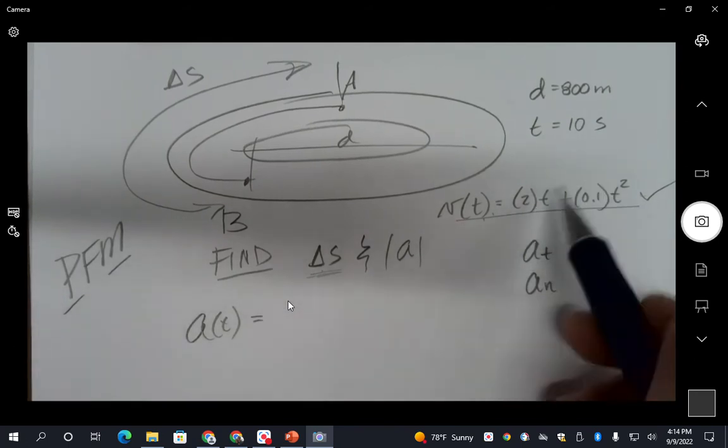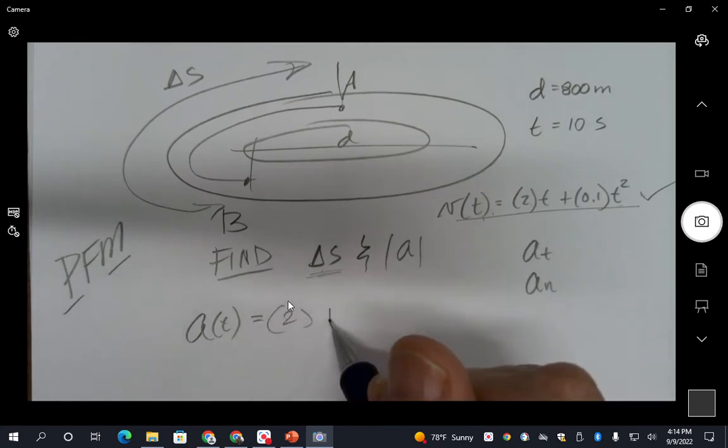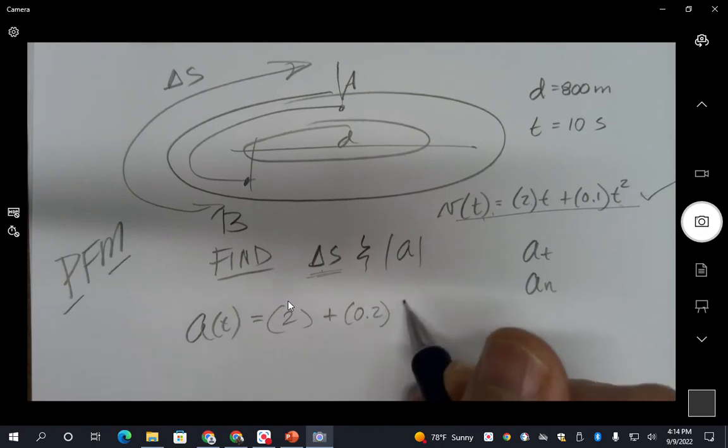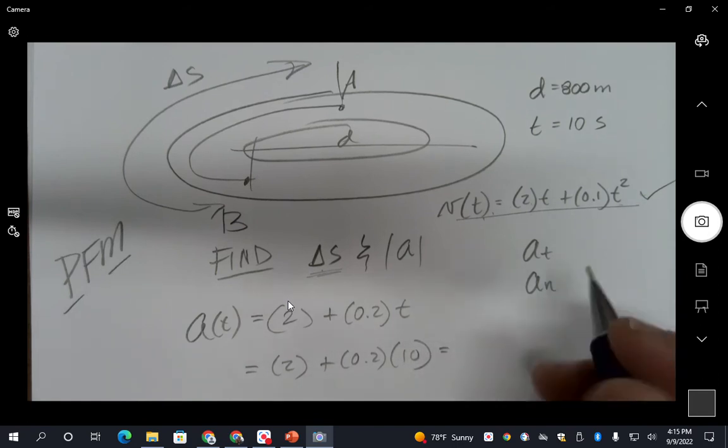All right, so anyway, take the derivative of this. We could just write that down. It's 0.2t, right? Did I get that right? I hope so. You did. So we could actually find this answer right here. I do believe the answer is 4.